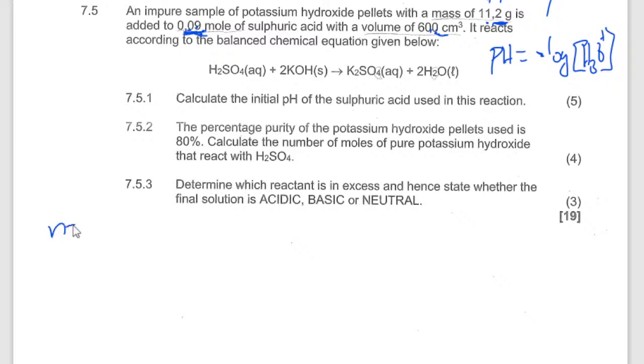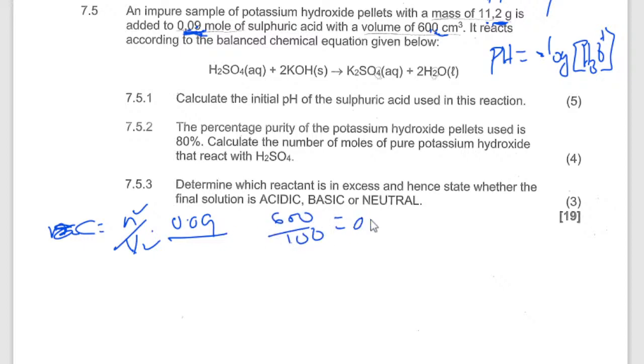Don't forget, the concentration is equal to the number of moles over volume. So do I have the number of moles? Yes. Do I have the volume? Yes. The number of moles is 0.09, isn't it? The volume is 600 divided by 1000, which gives me 0.6.